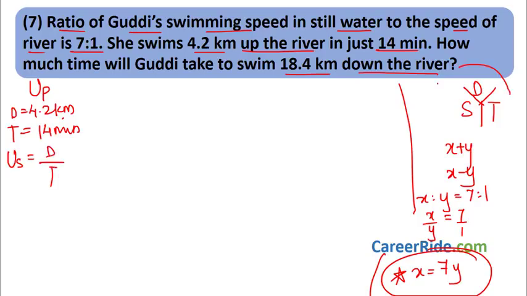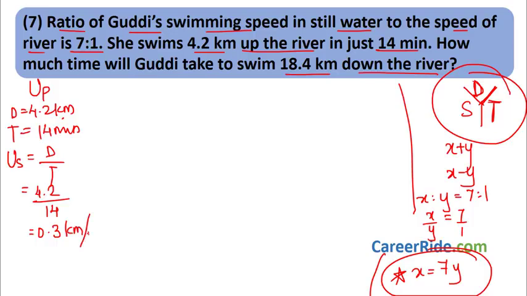We get that from our formula: speed is distance divided by time. So that is 4.2 divided by 14 minutes, that is 0.3 kilometers per minute. So this is the upstream speed. But we know the upstream speed is x minus y. So x minus y is 0.3, correct?